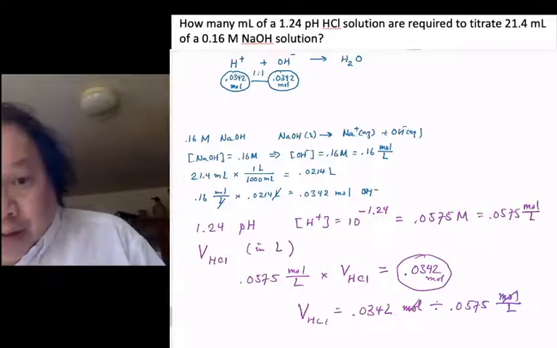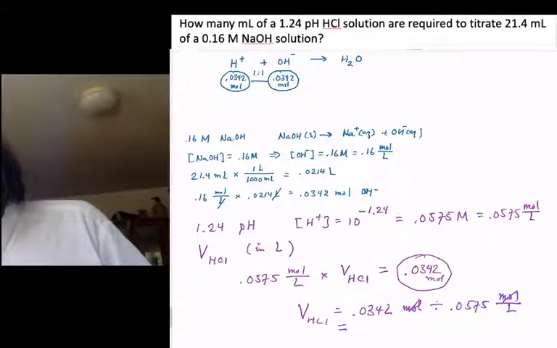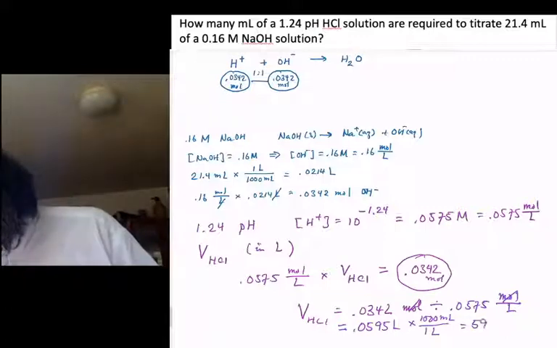This will be in liters, and we get the final answer of 0.0595 liters, which is, if we multiply by 1,000 milliliters is the same as 1 liter, equals 59.5 milliliters.